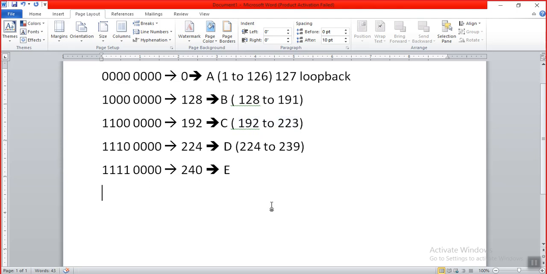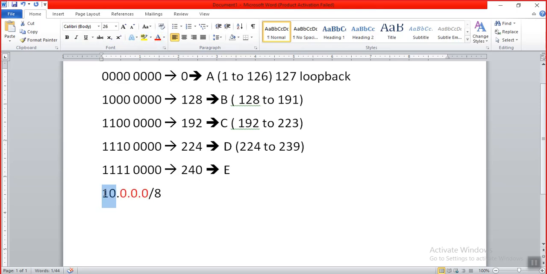Now, within class A, 10.0.0.0/8, the class A subnet max is 8. That means only this is network and this portion is host.